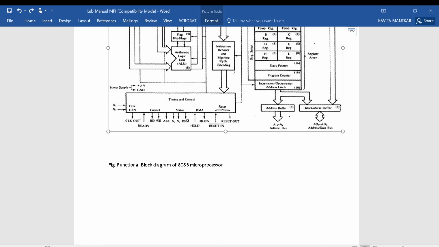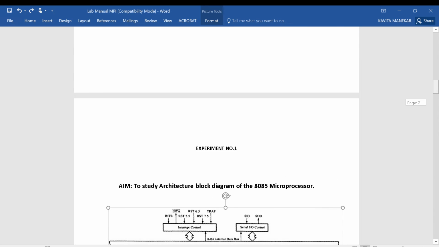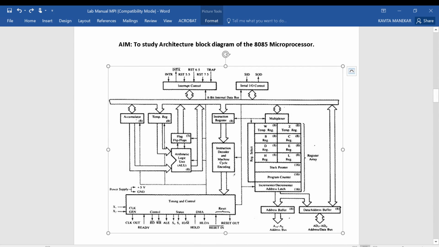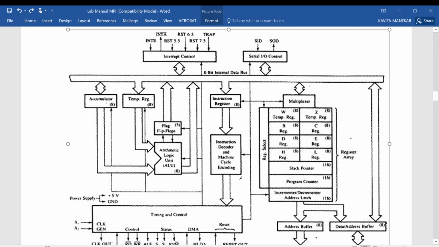Now we are going to see the register part of the 8085 processor. First of all, on the right side there is a big register block having the registers WZ, BC, DE and HL. The 8085 contains 6 general purpose registers: B, C, D, E, H and L. All of these are 8 bits in size.